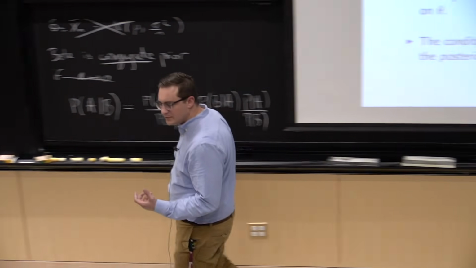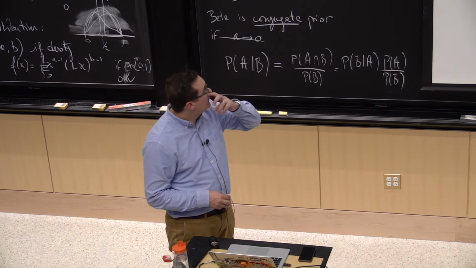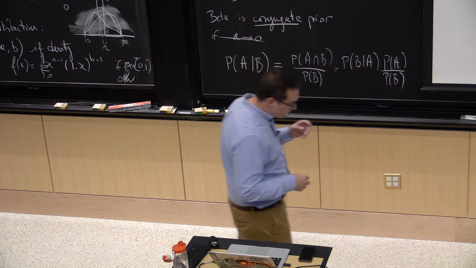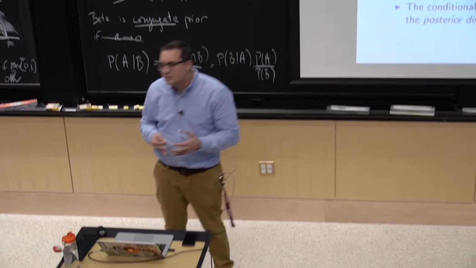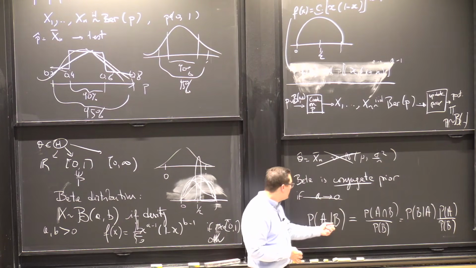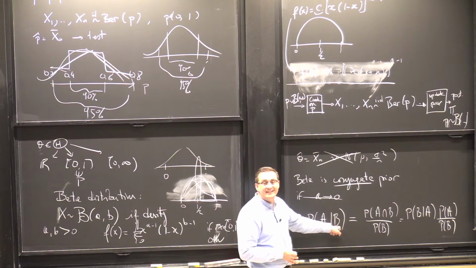So now what I want is to have something that's telling me how this is going to work. So what is going to play the role of those events A and B? Well, this is going to be the distribution of my parameter theta given that I see the data.